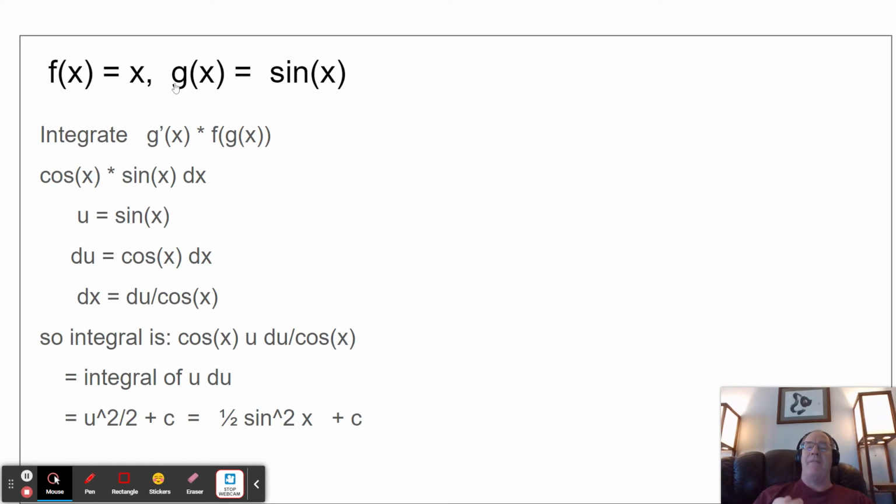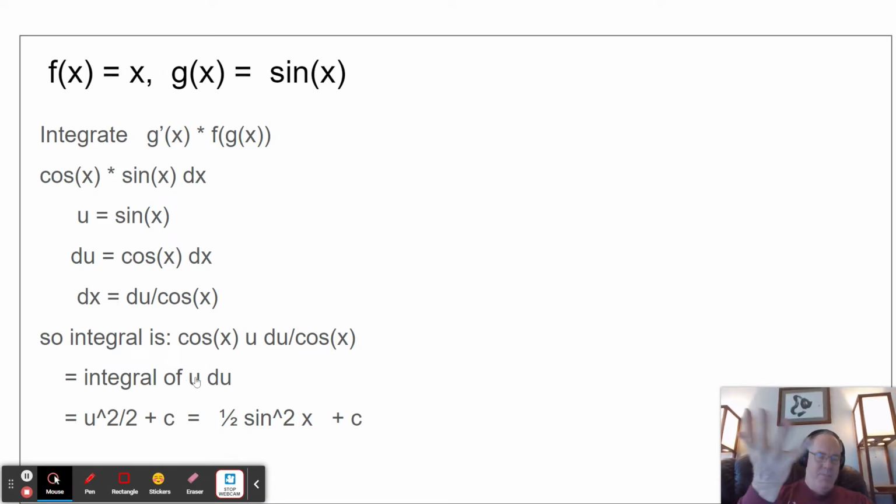Because we know what f and g are, we know what the substitution ought to be. The substitution ought to be that u equals whatever g of x is, which in this case is sine of x. So when that substitution happens, the integral becomes cosine of x times u du divided by cosine of x. In other words, we cancel everything and we end up with an integral of u du, which is the same form as the integral of f of u du.